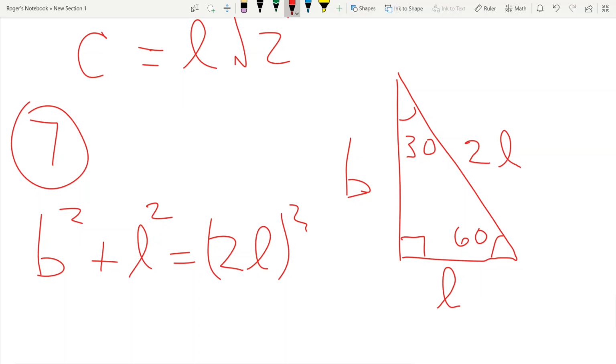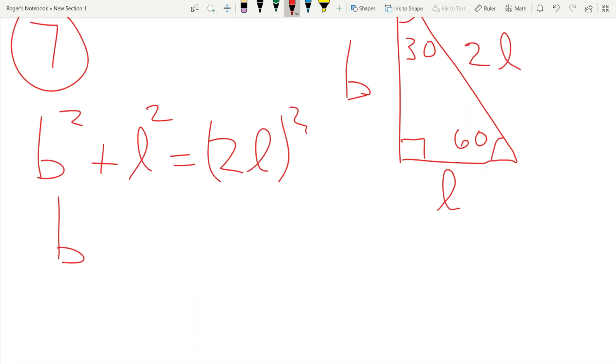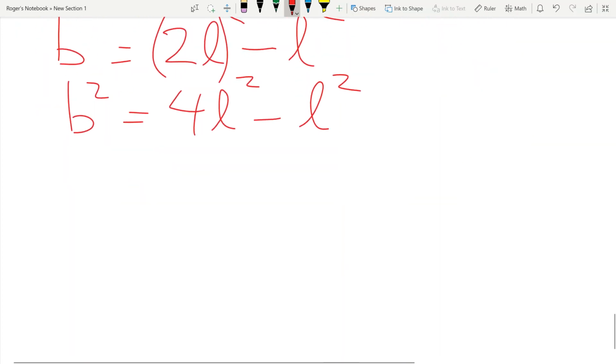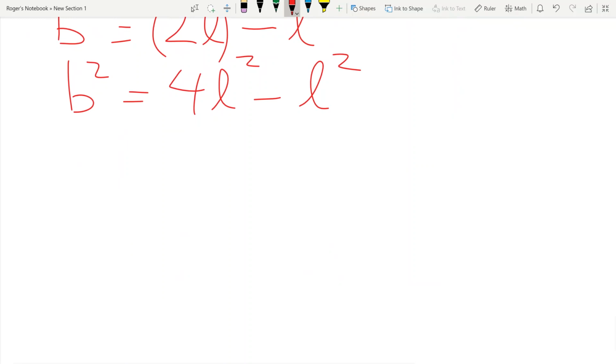Okay, so B squared itself must be equal to (2L) squared minus L squared. And (2L) squared is 4L squared. So B squared must be equal to 4L squared minus L squared, which is 3L squared.